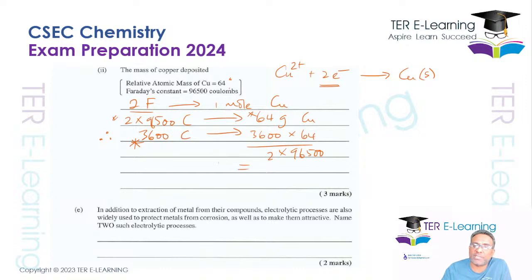When you work this out, this will give you the mass of copper deposited. So 3600 multiplied by 64 divided by 2 by 96,500, and I'm getting about 1.19 grams of copper.